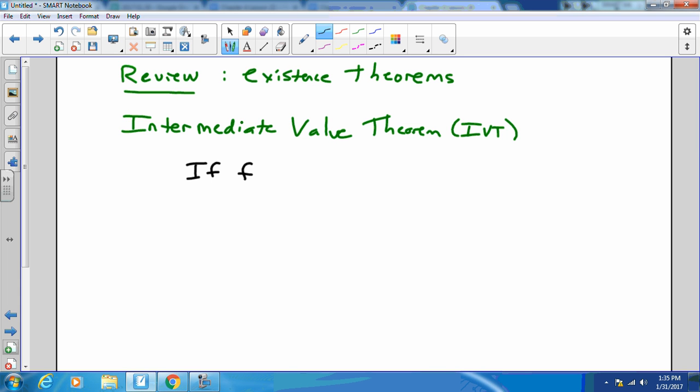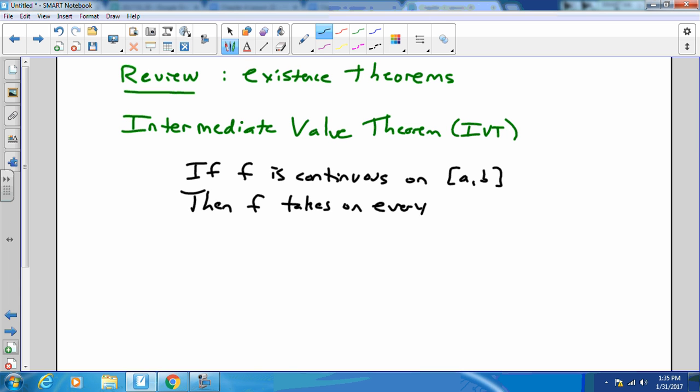If f is continuous on the closed interval a to b, then f takes on every value between f of a and f of b.